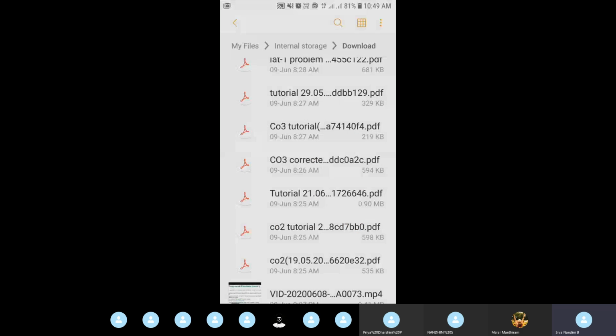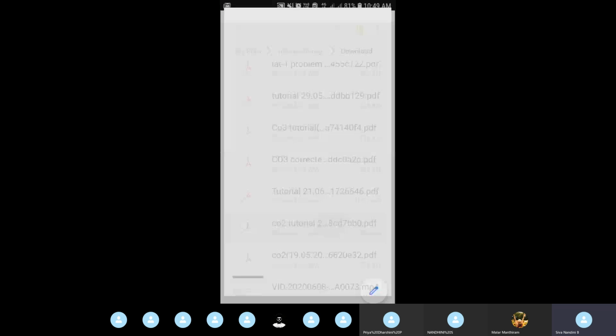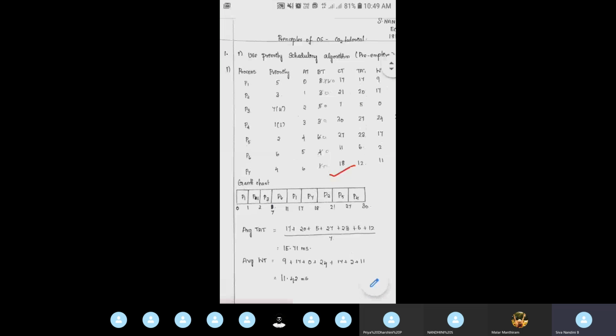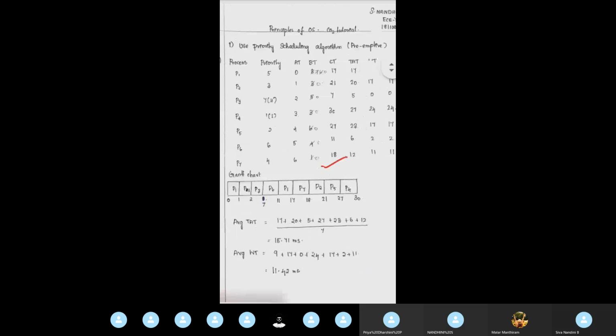Then the priority scheduling of the preemptive case. Preemptive means that before completing a particular process's execution, another process can execute in the CPU. In priority scheduling, at the 0th millisecond we'll have only process P1.